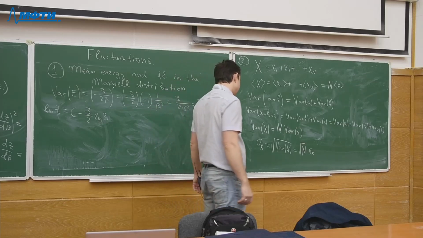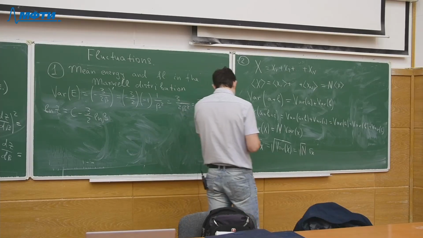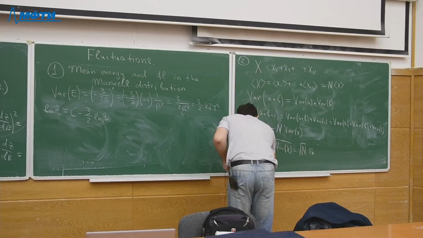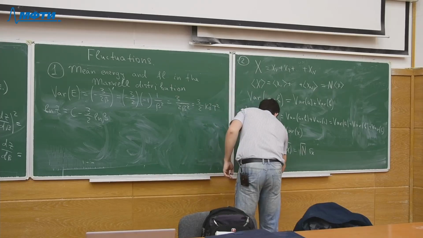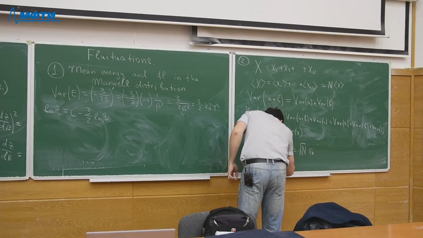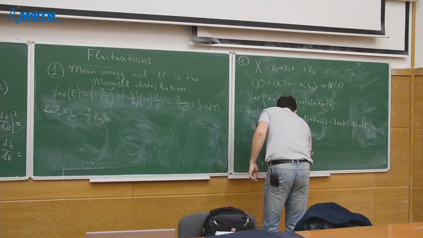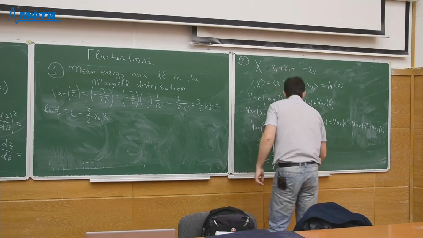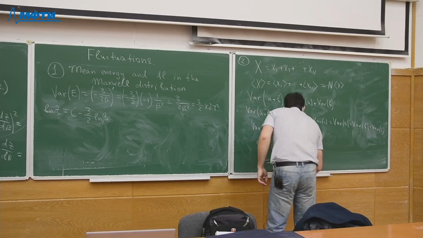And if I want to calculate not the absolute fluctuation but the relative fluctuation, then I need to calculate the ratio of sigma capital X over the capital X. So that would give me 1 over square root of n of the same quantity for the microscopic value.